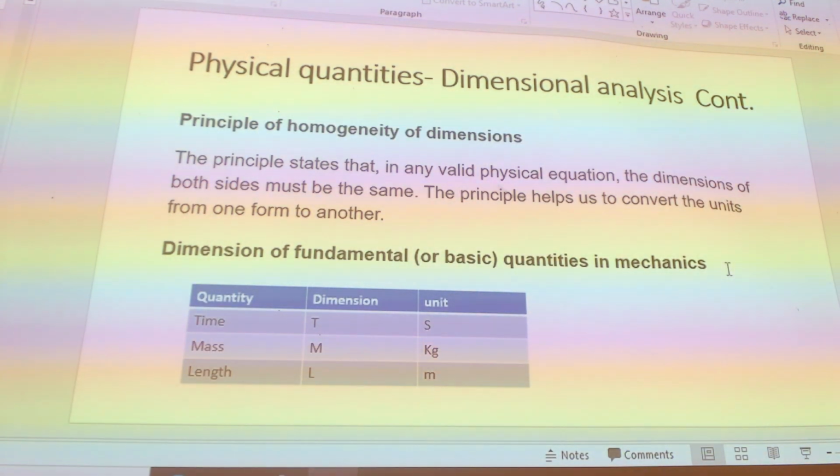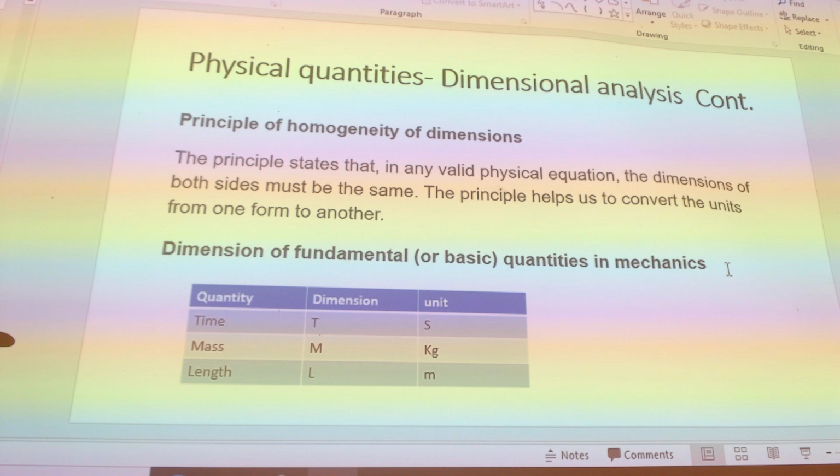So the next point, we go to the principle of homogeneity. The principle of homogeneity of equations simply states that in any valid physical equation, the dimensions of the left-hand side must be the same as the dimensions of the right-hand side. If we consider one of the equations of Sir Isaac Newton, V, which is the velocity, equals U plus AT.